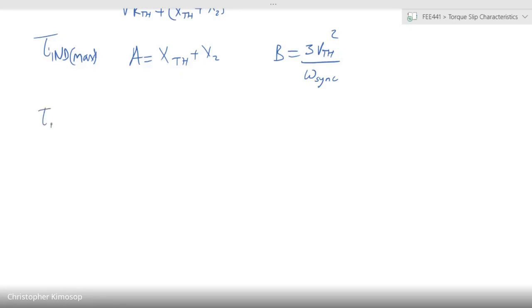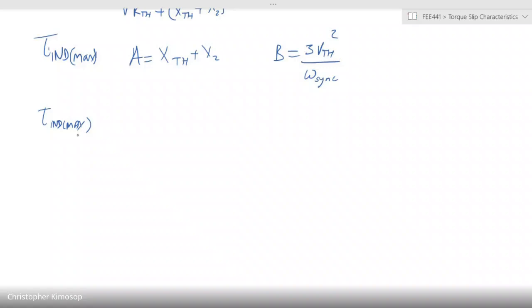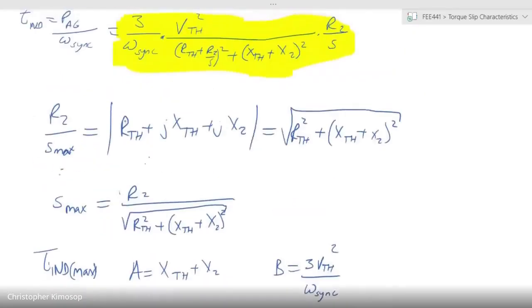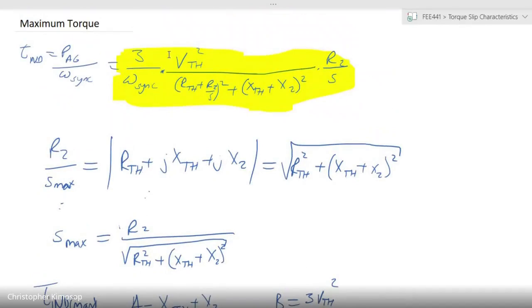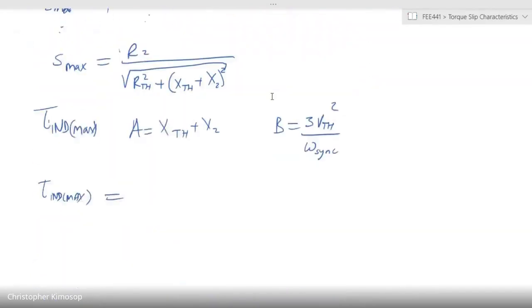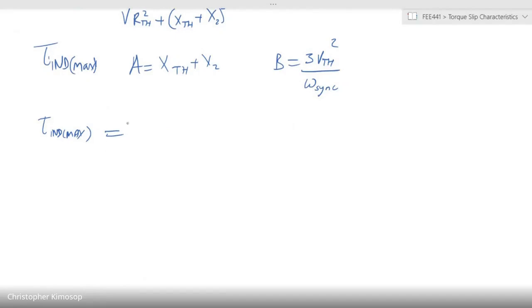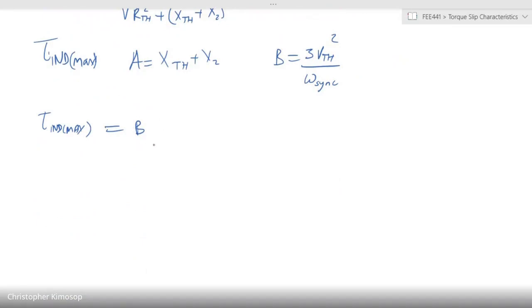So the maximum induced torque will be given by this same formula here. We have B there, then we introduce A there, so it will look like B times R2 over S, but what is S?